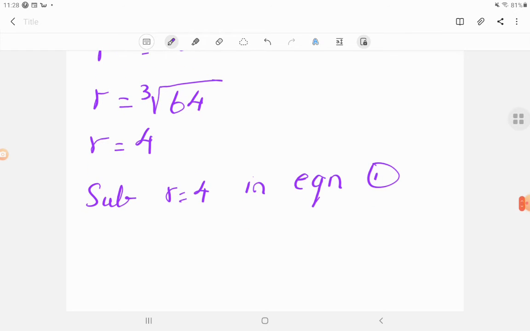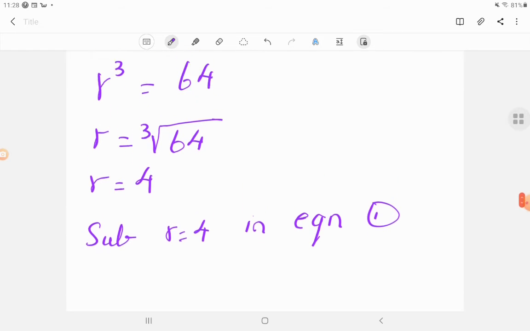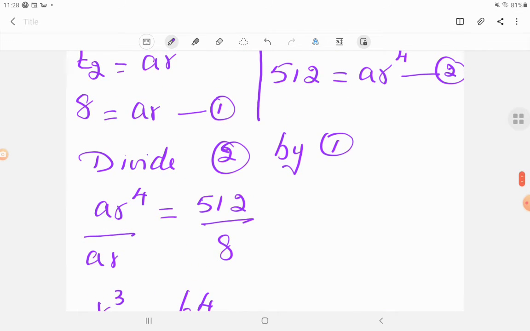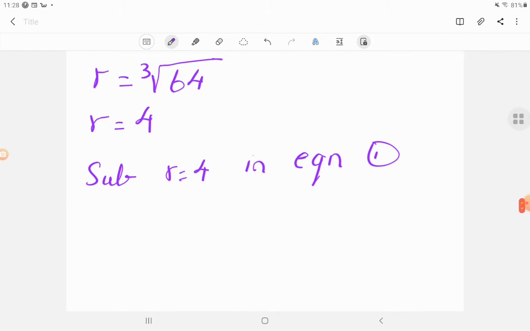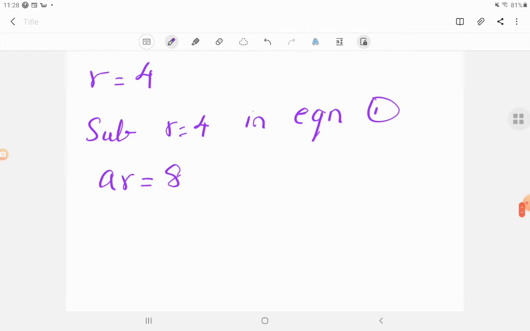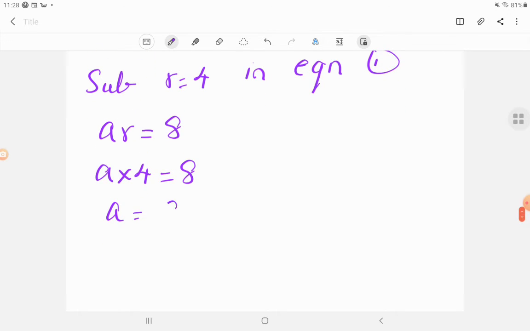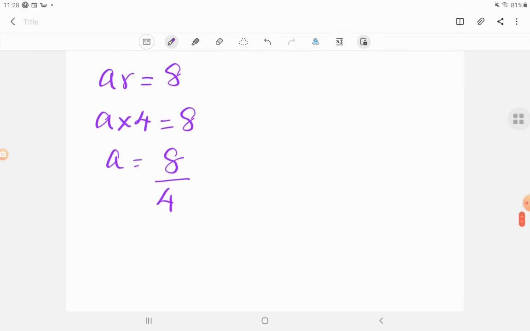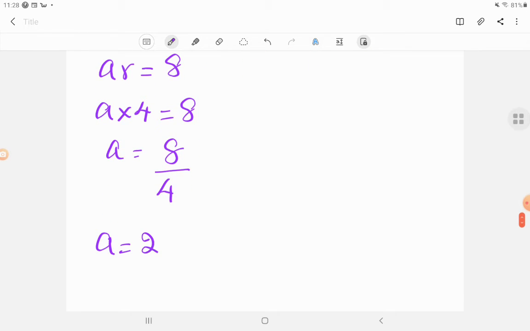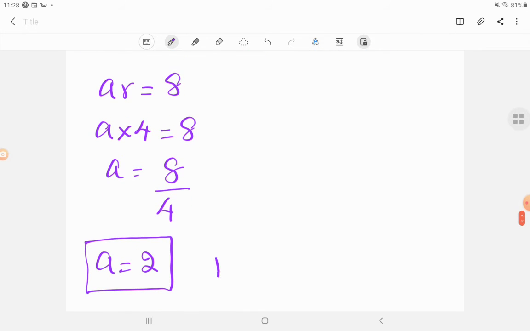So we write ar is equal to 8 here, and therefore sub in the value of r as 4. a times 4 is equal to 8. So a is equal to 8 divided by 4, which gives you 2. So we have now got the value for the first term, which is 2, and r is equal to 4.